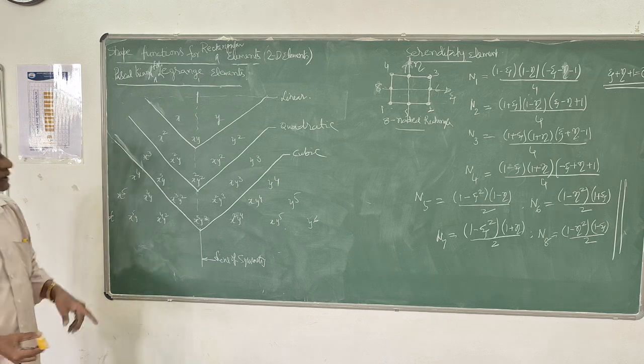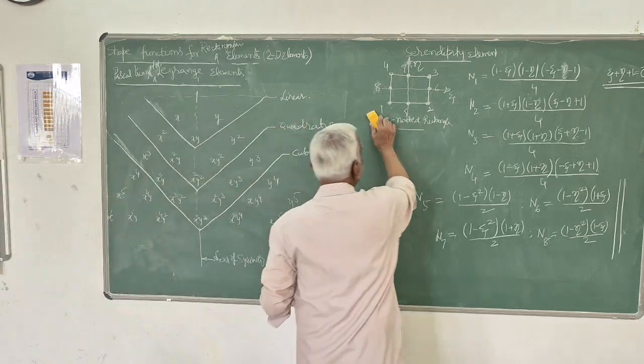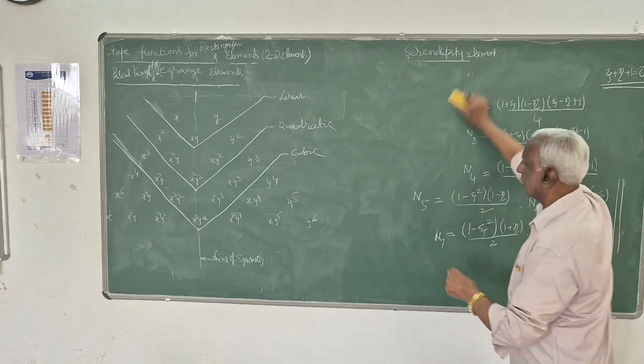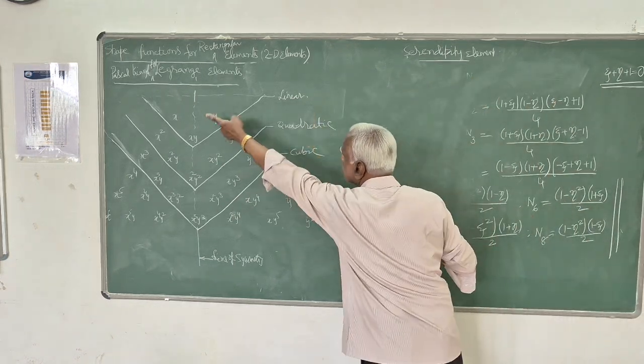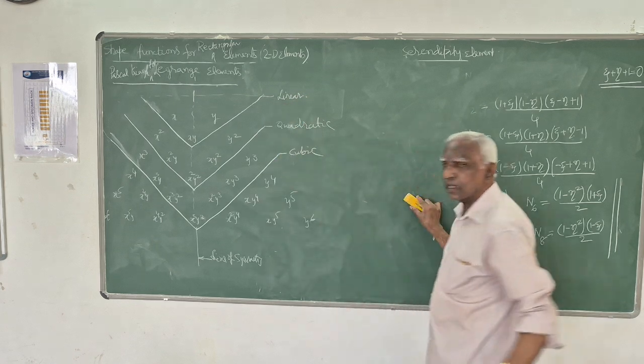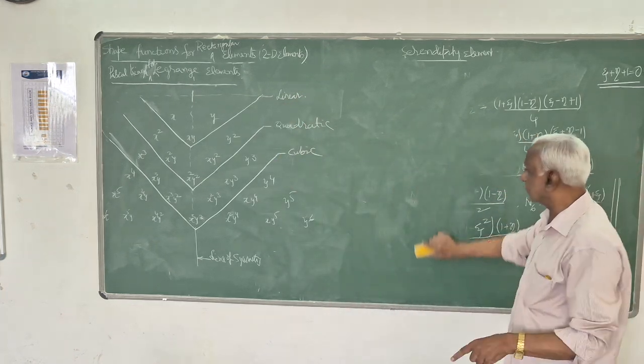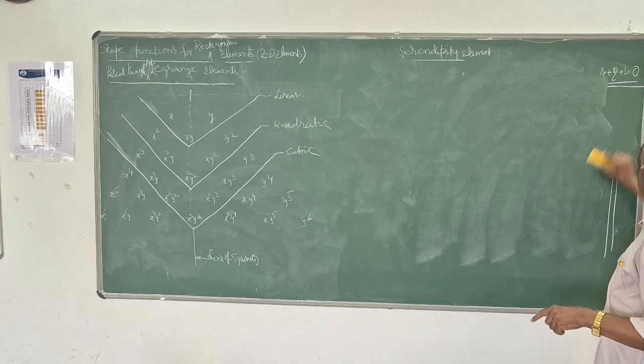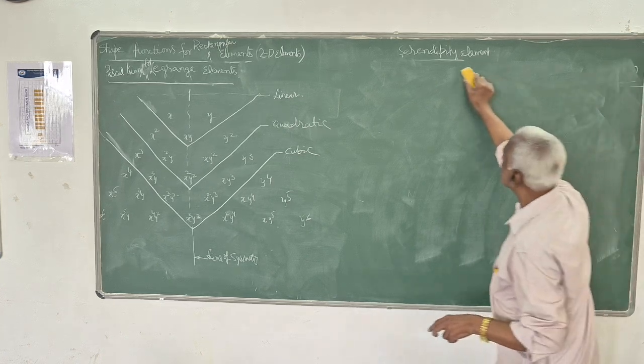Similarly, for serendipity elements, you will find the Pascal triangle is not complete like that. It is not a complete triangle. It is discontinuous, they say.